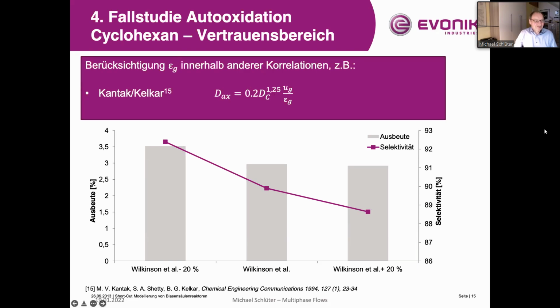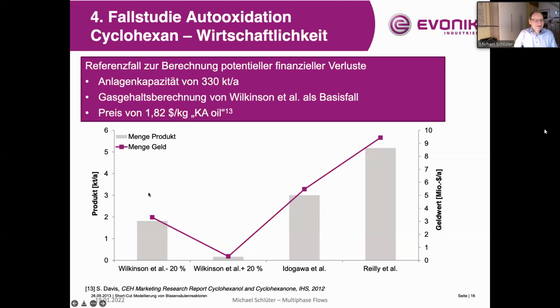Now you might say, okay, it doesn't matter, but the problem is, if you look at this graph here from the Evonik company, then you see an example calculation for the productivity of the whole plant.